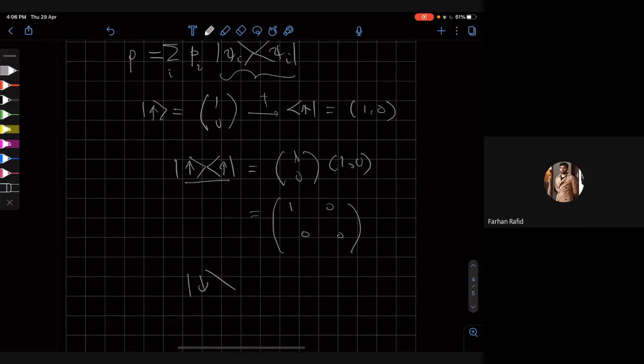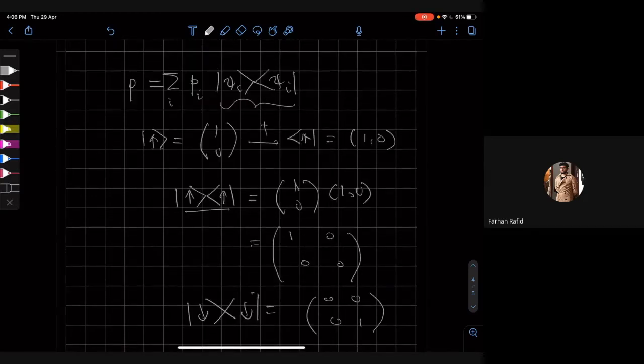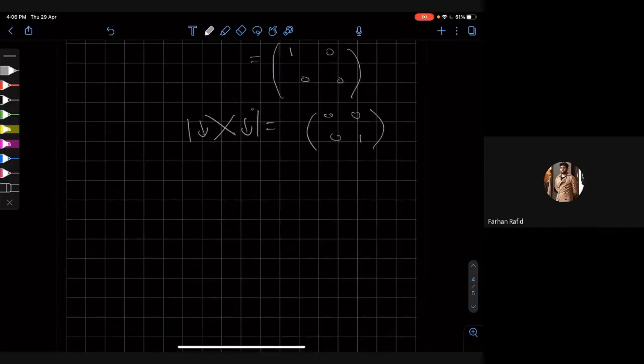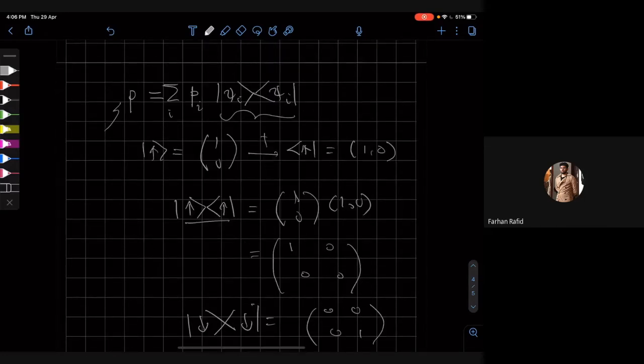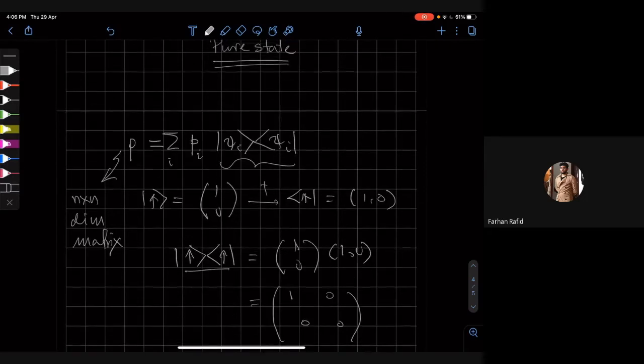Similarly, if you look at this thing, you get 0, 0, 0, 1. Okay? So if your Hilbert space is n-dimensional, this is an n by n dimensional matrix. Now, we will mostly be discussing finite dimensional Hilbert spaces when it comes to density matrices.